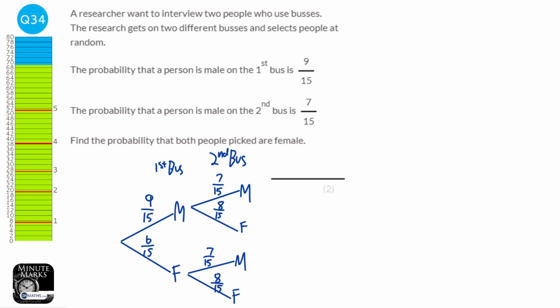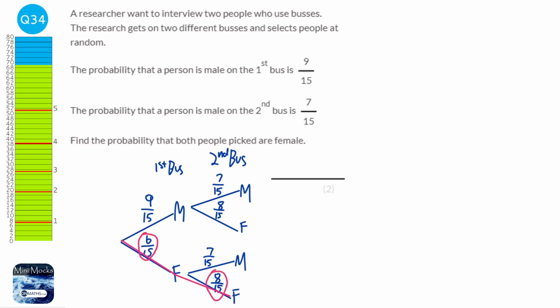And the question is basically asking what is the probability that both will be female. So to have both female, we need to have gone down this line at the start and then this line again. Looking at the fractions along the way, it's 6/15 and 8/15.